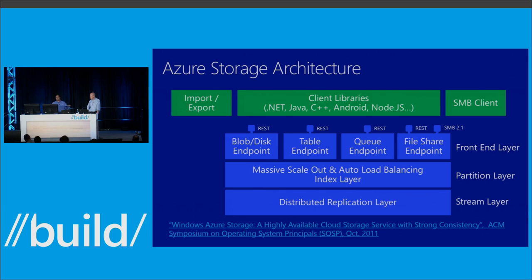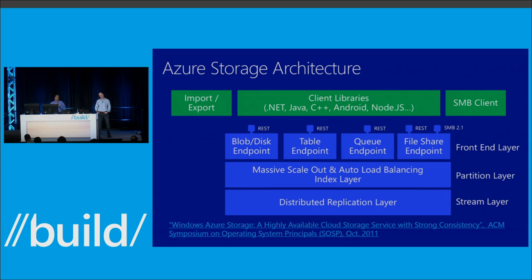The replication layer, we call it the stream layer, is where the data is physically stored. And the partition layer is where all the metadata, the indexing, the detection of load and dynamic load balancing happens. And finally, on top are the front ends that you communicate with through your REST calls, your authentication, billing, metering, all of that happens on top of those 2 layers.